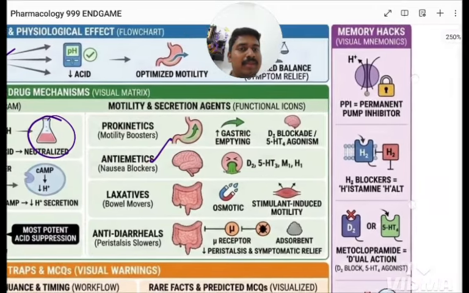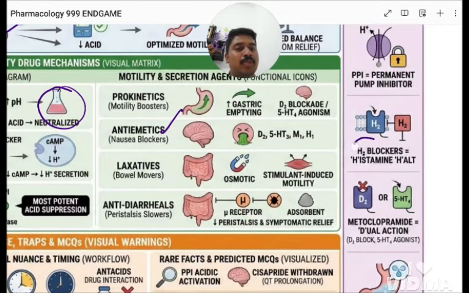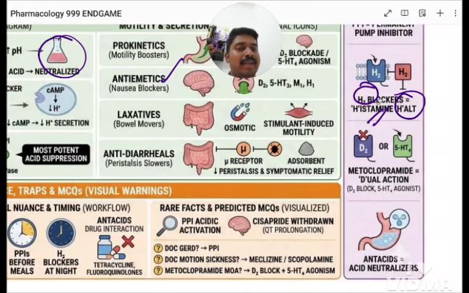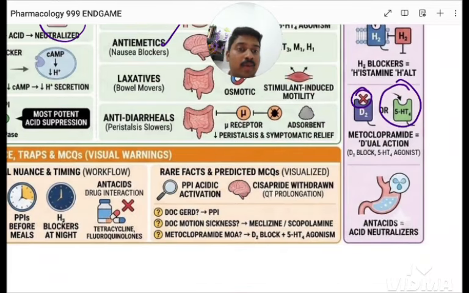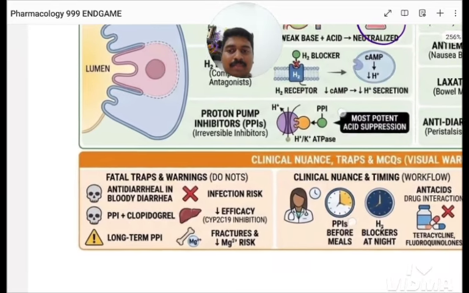To remember things, H plus potassium is PPI, which is permanent pump inhibitor. Next is H2 blockers, which block histamine and so halt H plus secretion. Third is metoclopramide, a prokinetic which acts by D2 antagonism and 5-HT4 agonism. And last are antacids which neutralize whatever acid production happens.